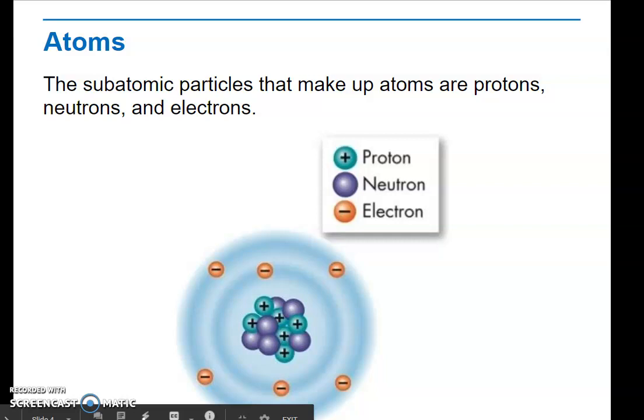In this figure, you can see that this atom has 6 protons, has 6 electrons. So atoms tend to have equal number of electrons and protons, and when they have equal number of both, then they are electrically neutral.